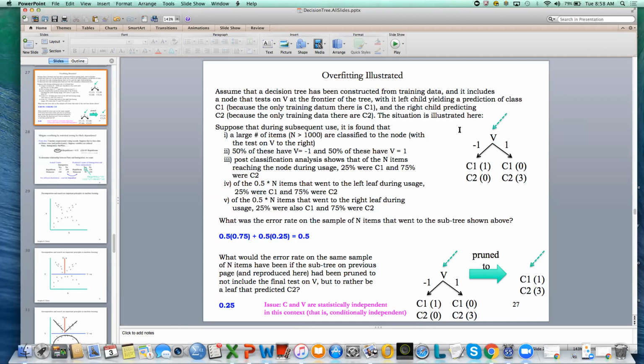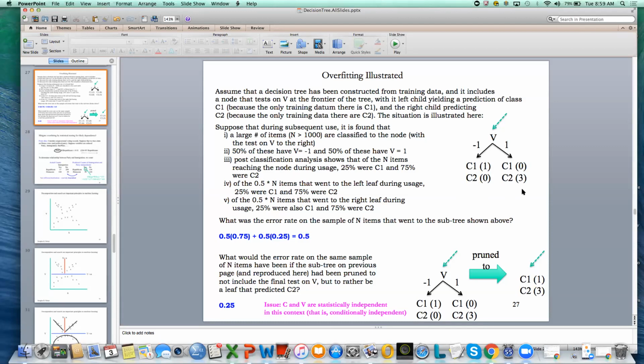It has a left child that yields a prediction of C1. Why does it yield a prediction of C1? Because when the algorithm was building the tree, it selected V, and it found out that there was only one instance in the original training data that was placed in this subtree, and that one instance was a member of C1.